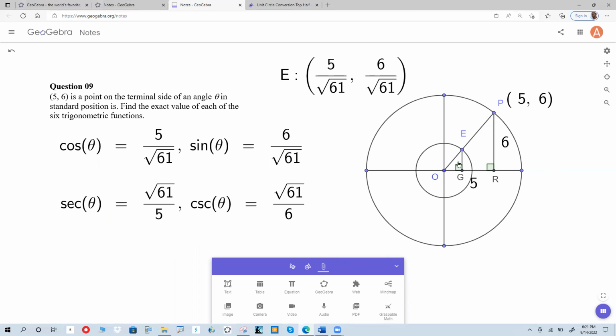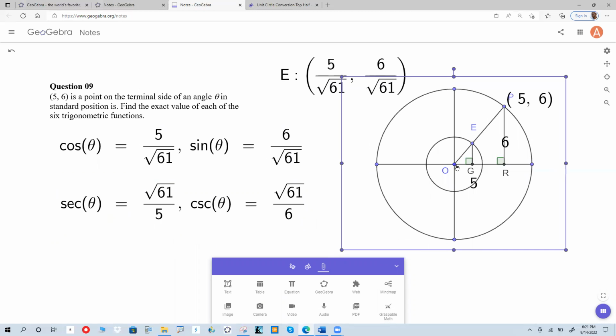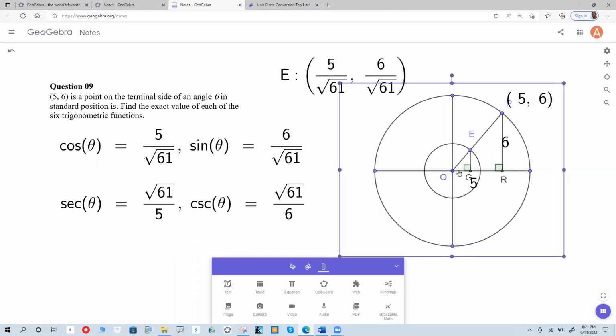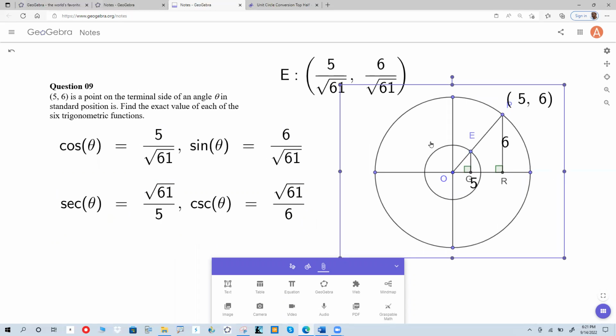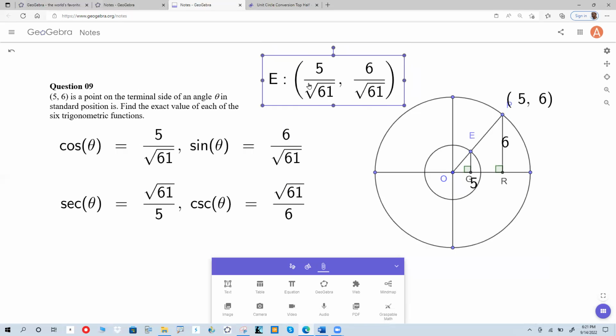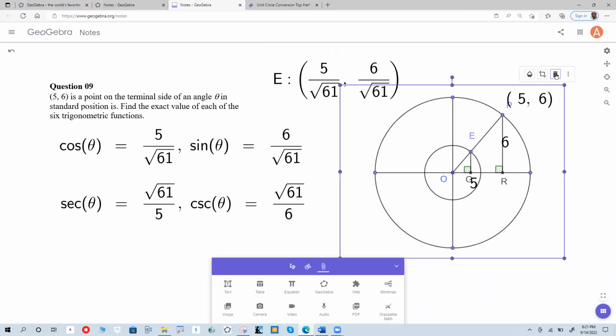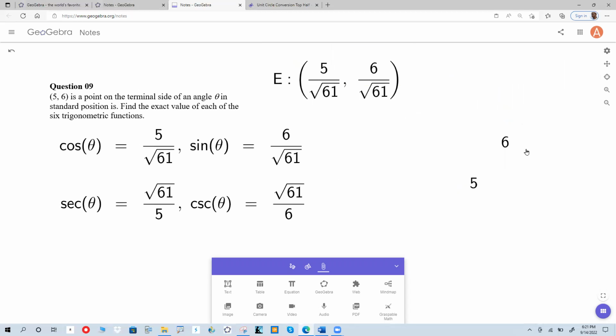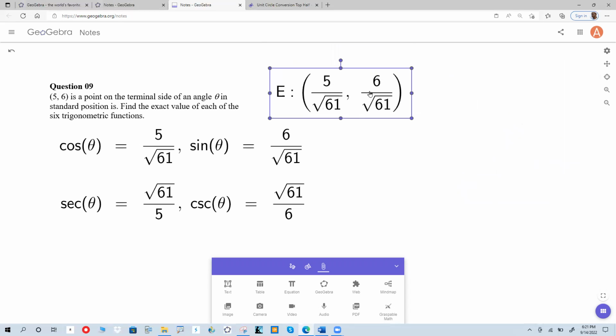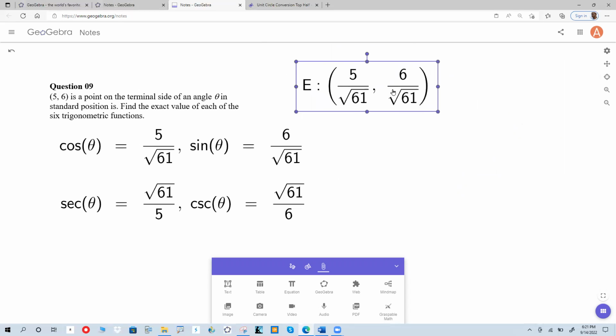Now, if you would let me, I'm going to delete this whole picture here. This picture is not very helpful. I do need the coordinates of just one point, point E. I'll save this and get rid of this. All right, so guys, we know how to calculate tangent and cotangent.